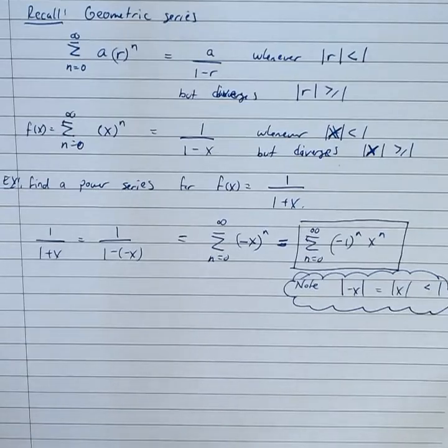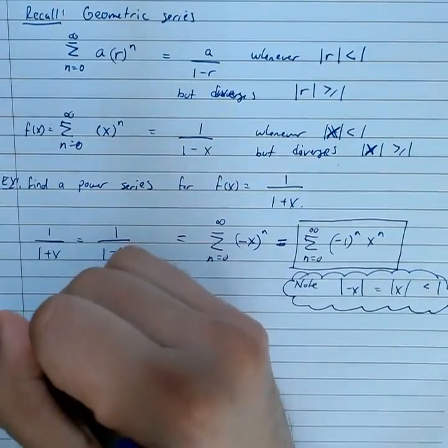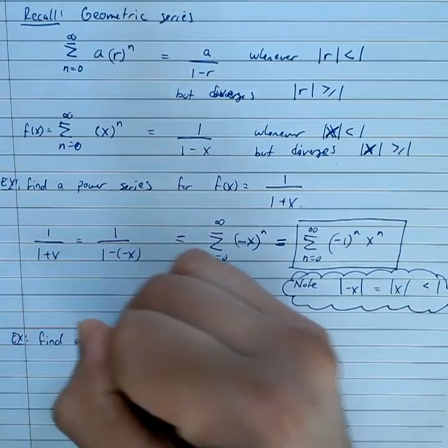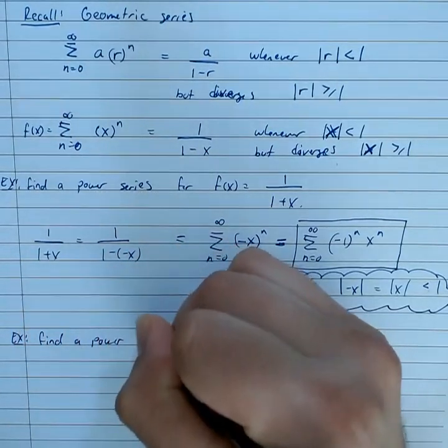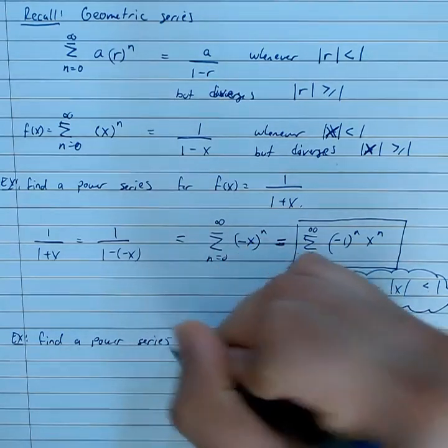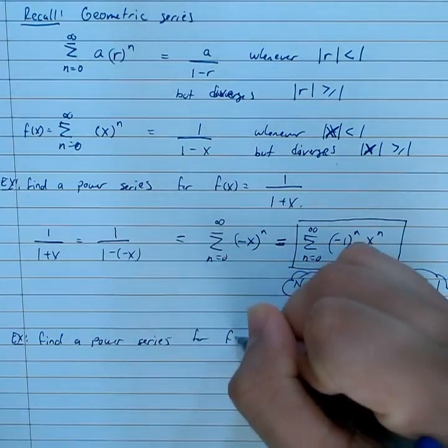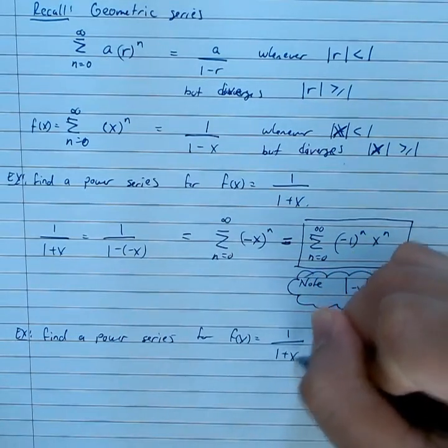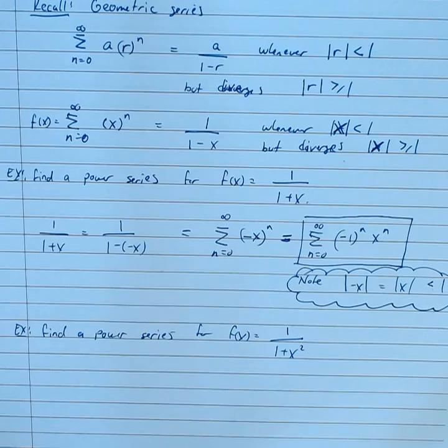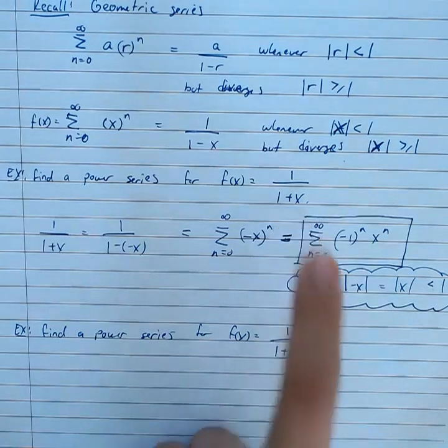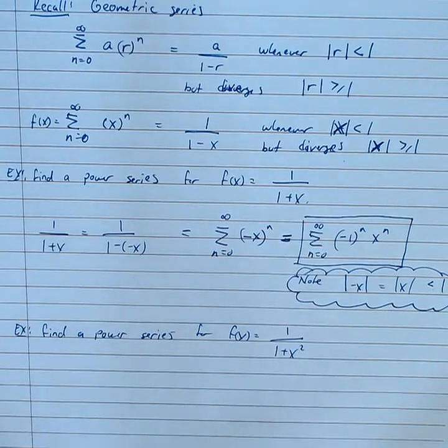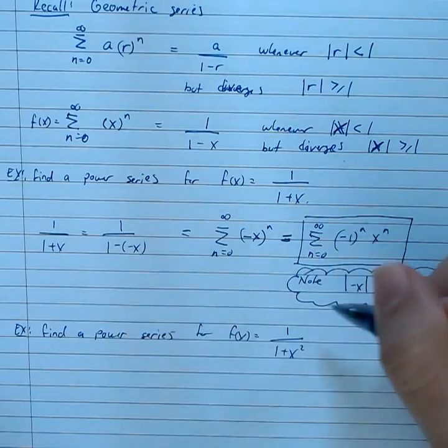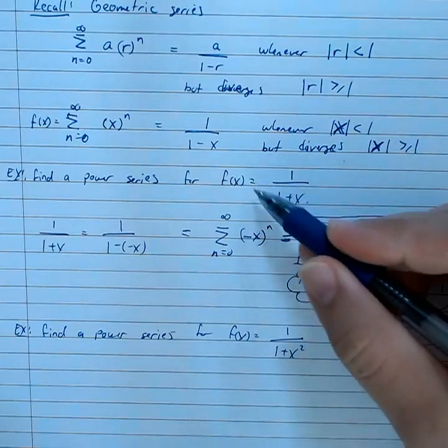Okay? So now we take this and say, let's consider something else that's related. Let's find a power series for f of x is equal to 1 over 1 plus x squared. Well, that's basically this one, but instead of an x, I have an x squared. So let me call this a different name. I called the last one f.